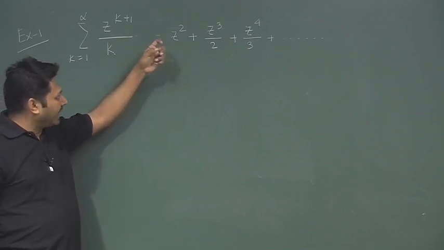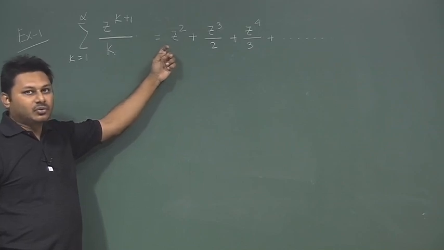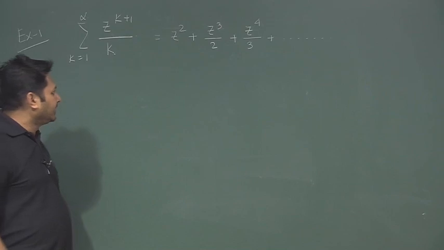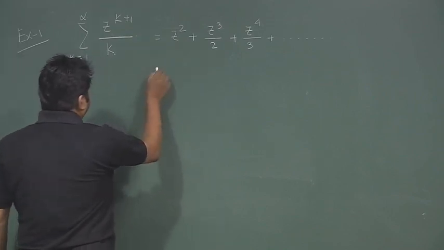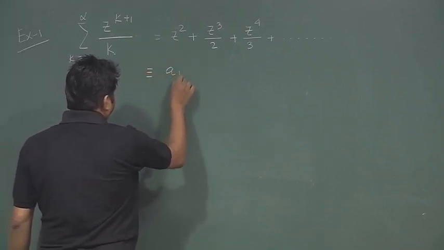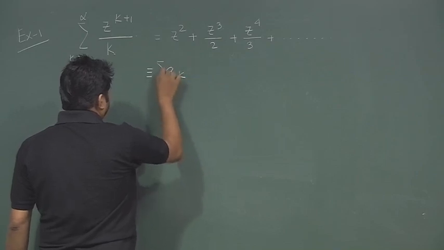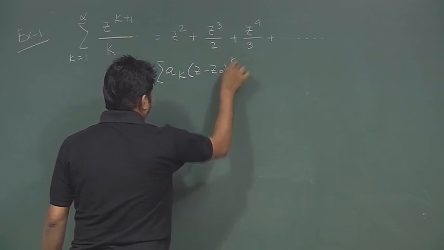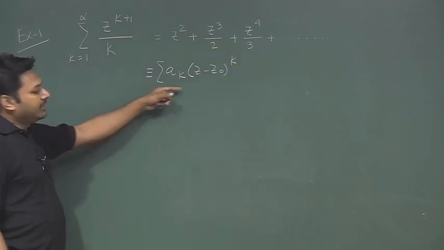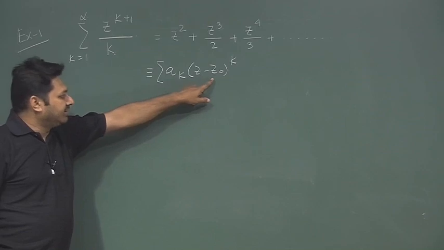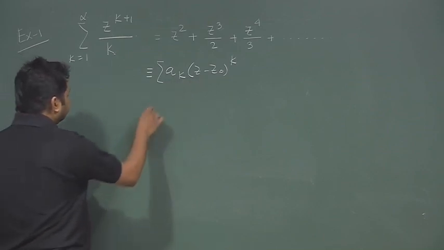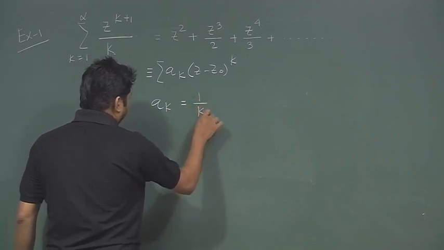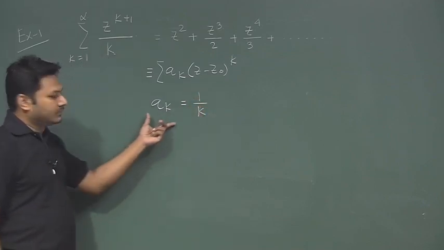I mean, what should be the restriction on z for which this is a converging series? We already know the result, but let me do that. If I write it in terms of this series, this is nothing but a power series where z0 is 0 and a_k is 1 by k.